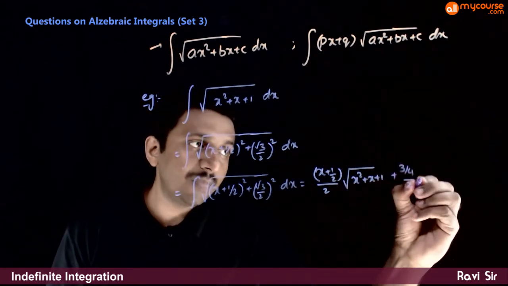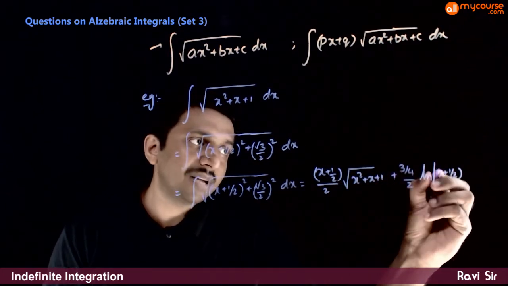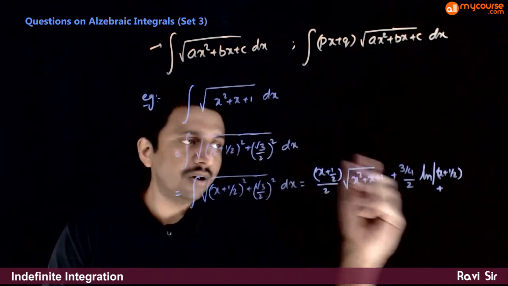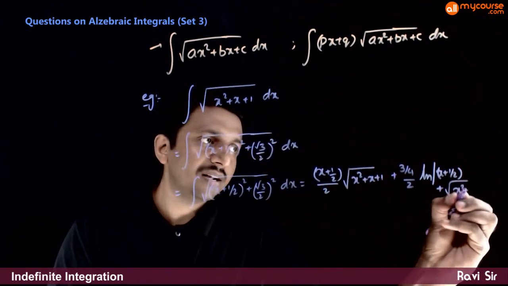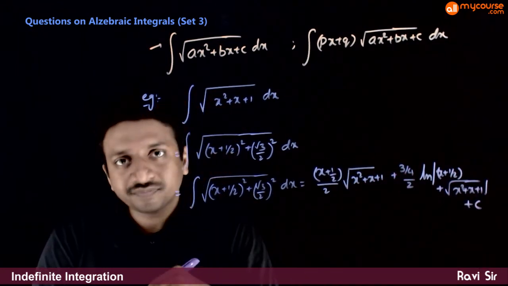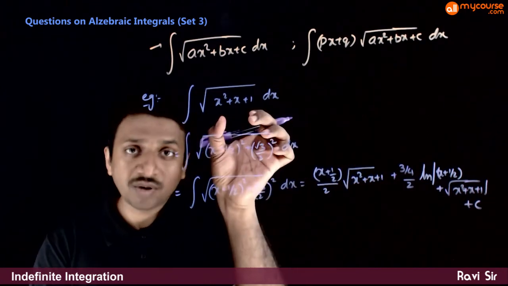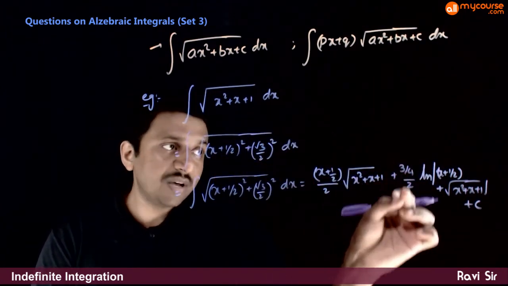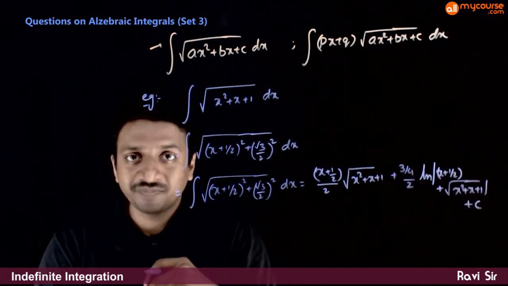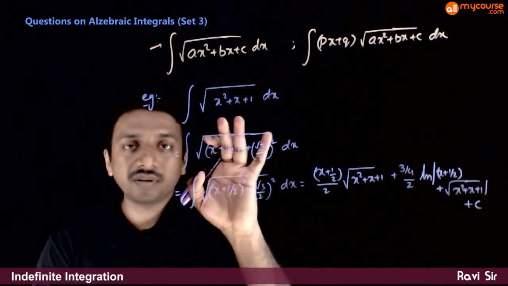So plus a square by 2 log mod x plus half plus root of x square plus a square, that is root of x square plus x plus 1, plus c. So x by 2 root of x square plus x plus 1 plus a square by 2 log of this plus c. So this is the integration of root of quadratic.